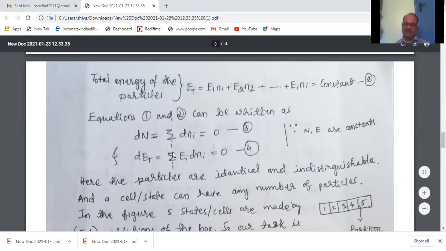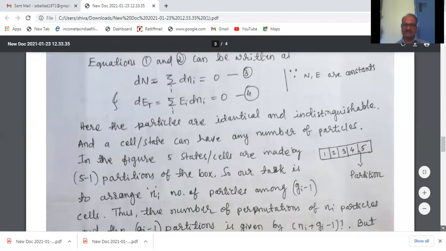Equations 1 and 2 are written in simplified form as N equal to summation over i of ni, and I am going to differentiate that. Then dN equals summation over i of dni, which is equal to 0, because N is a constant. Similarly, differentiating the second equation gives dE equal to summation over i of ei dni, which is also equal to 0 because the total energy is also constant.